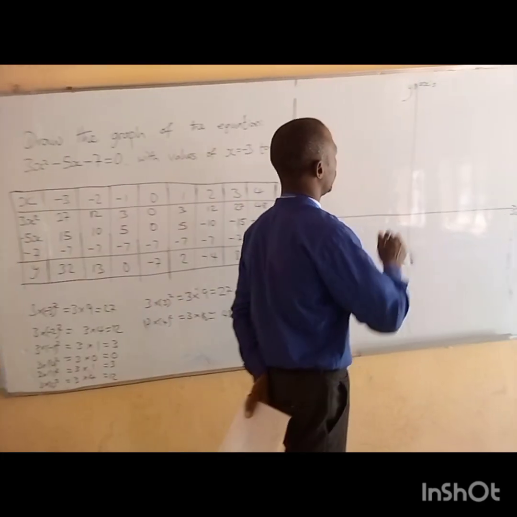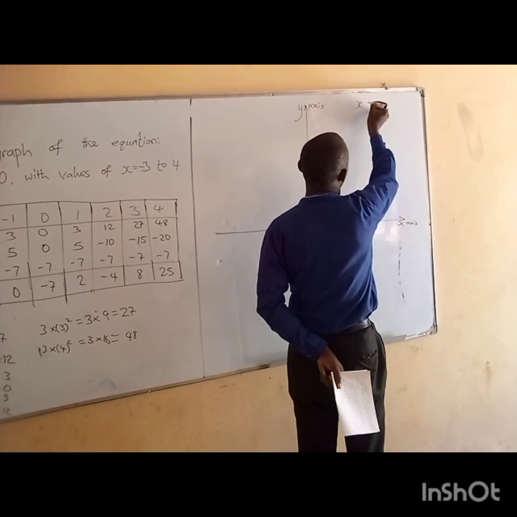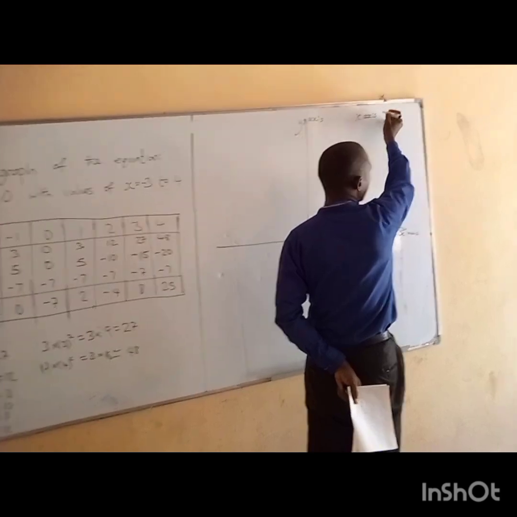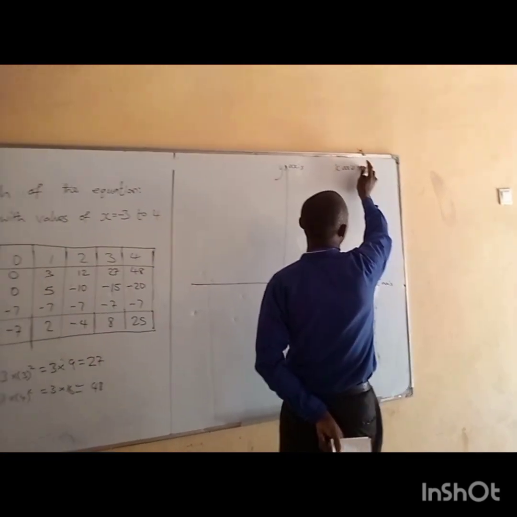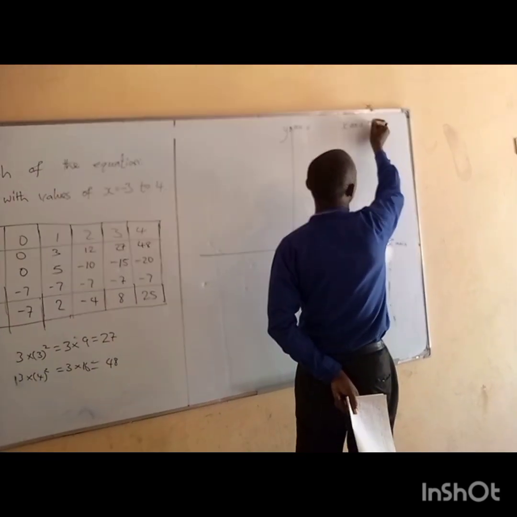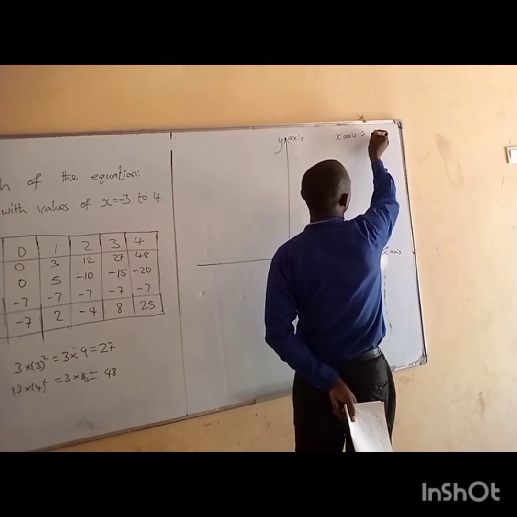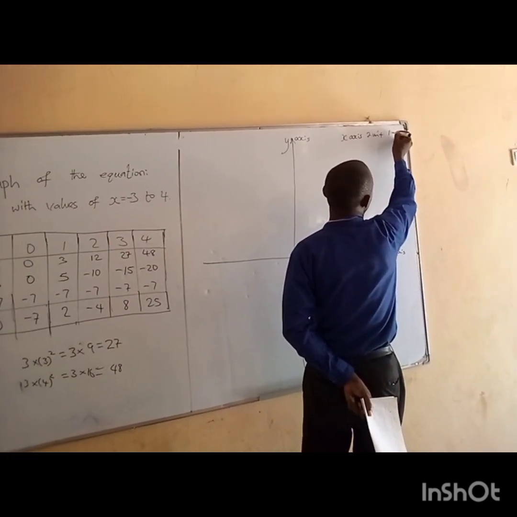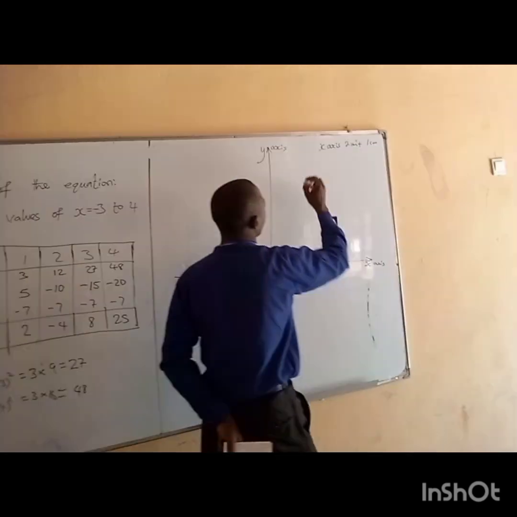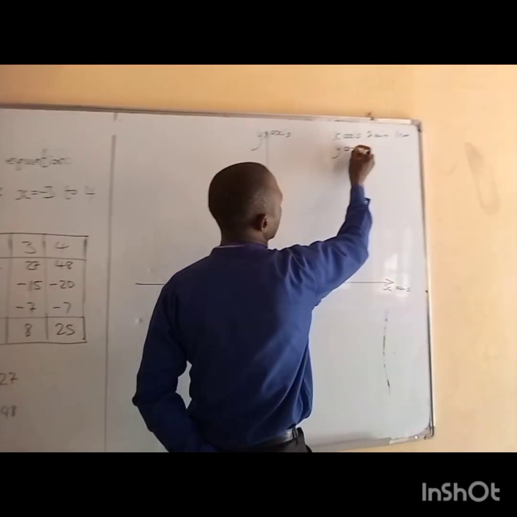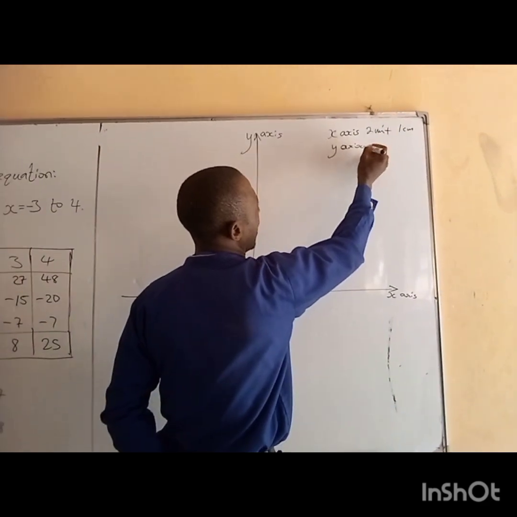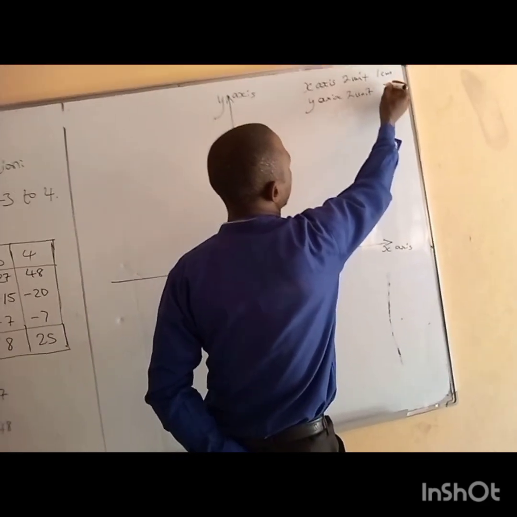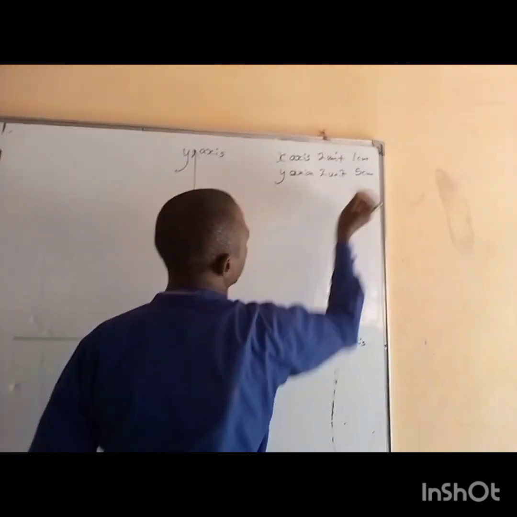For instance, in the x-axis, we will say two units to represent 1 centimeter. And then for the y-axis, we'll say 2 units to represent 5 centimeters.